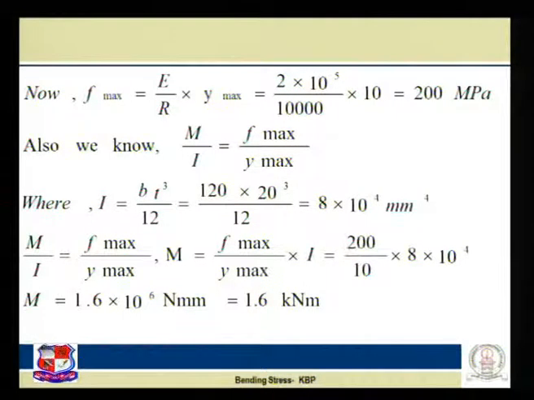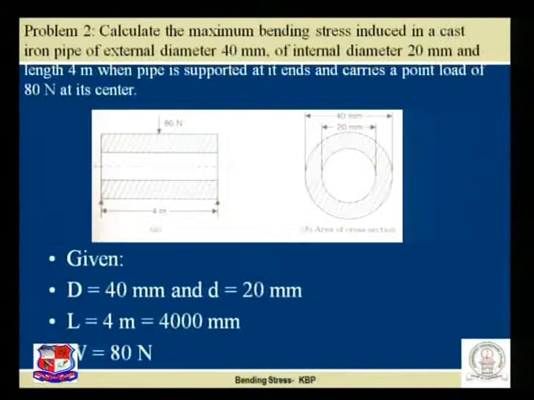Now, let us go with the next problem. Calculate the maximum bending stress induced in a cast iron pipe of external diameter 40 mm, internal diameter 20 mm and a length of 4 meter, when the pipe is supported at its ends and carries a point load of 80 kilonewton at the center.